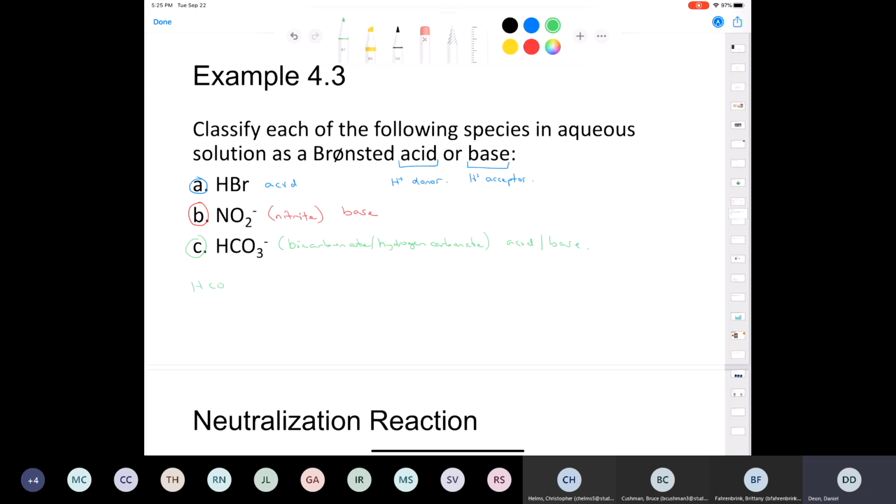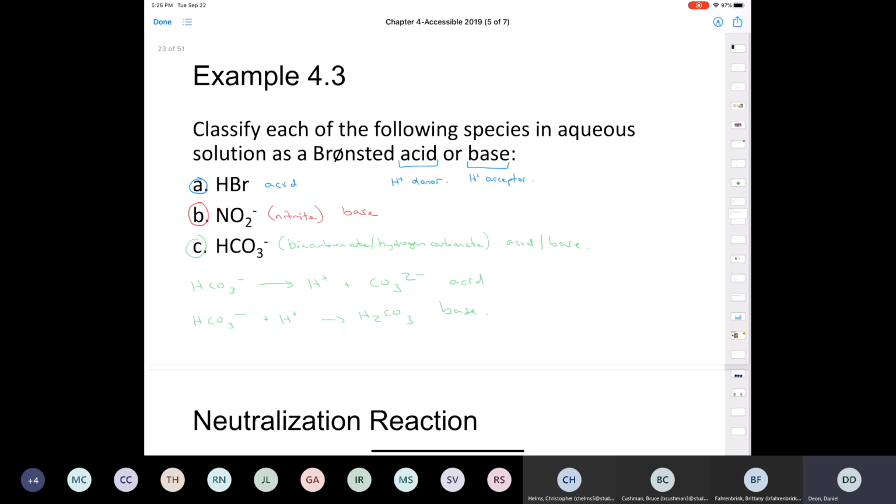If HCO3 minus loses a proton, you'd end up with H plus and CO3 2 minus. So that would be it behaving as an acid, but it could also accept H plus. If you have HCO3 minus plus H plus, you get H2CO3. So in that case, it's behaving as a base. And so the answer is the bicarbonate ion could behave as either an acid or a base depending on the situation.